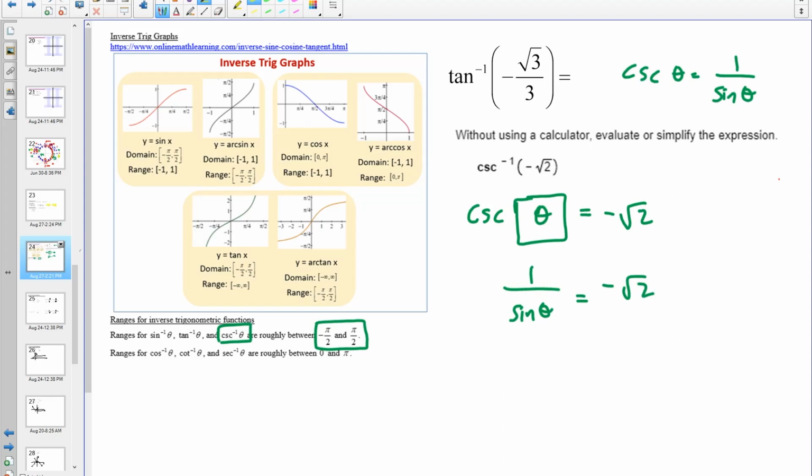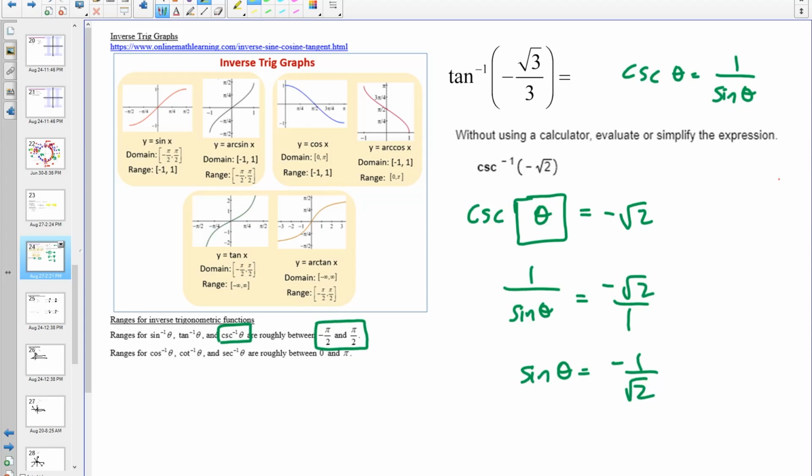Well, I'm not really comfortable with 1 over sine theta, okay? But what I know is if I cross multiply, remember if you cross multiply, you have to have one fraction on the left, one fraction on the right, and an equal sign in the middle. If I cross multiply, what I'll have is sine theta is equal to negative 1 over square root of 2.